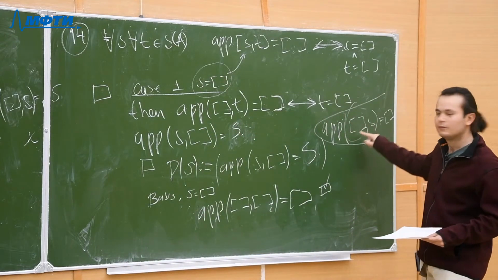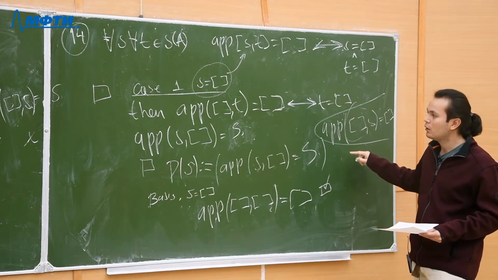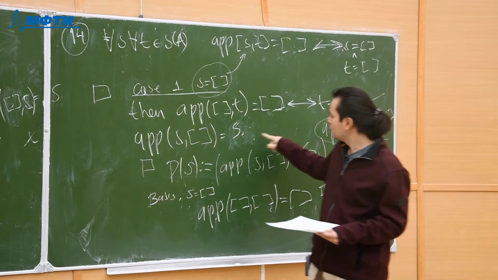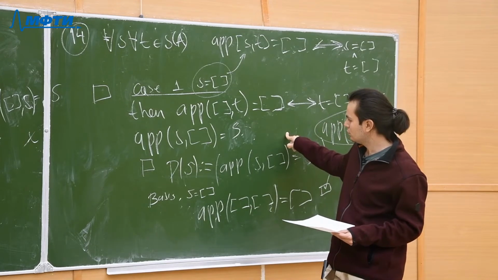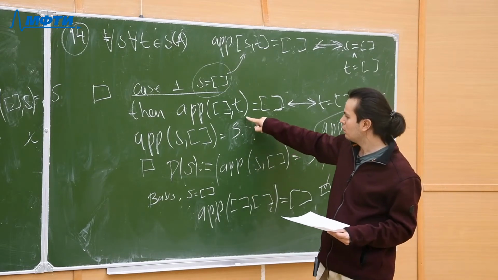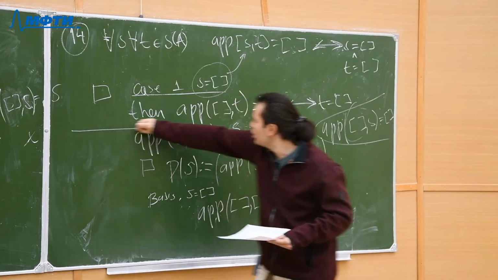Here there is a mistake. F of s and empty is equal to s. We already suppose that s is equal to empty. Why do we need to use this in an equation? No, this is just in the general case.